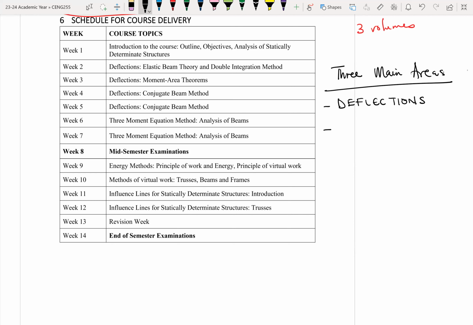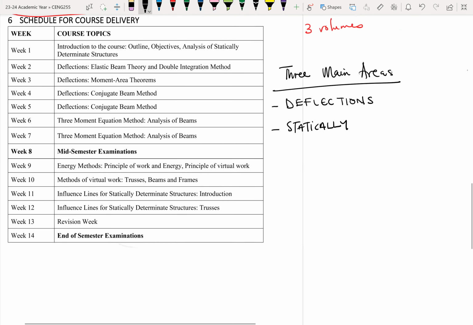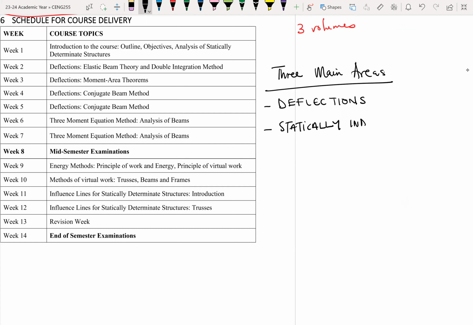Then we are looking at the analysis of statically indeterminate structures.